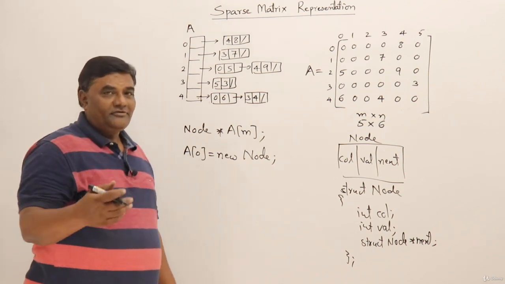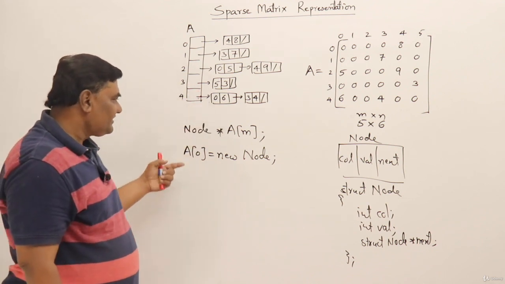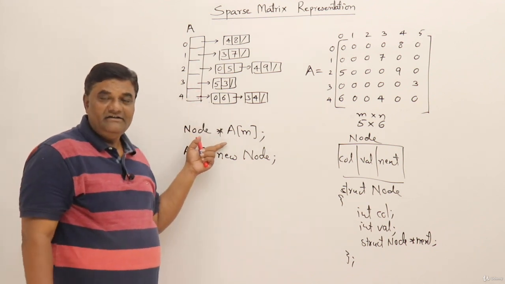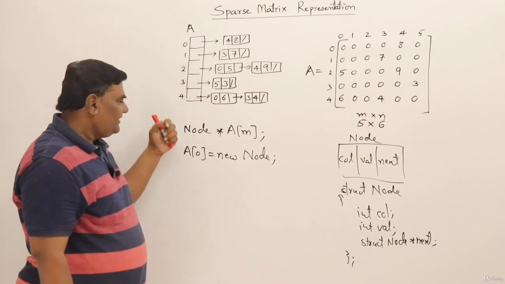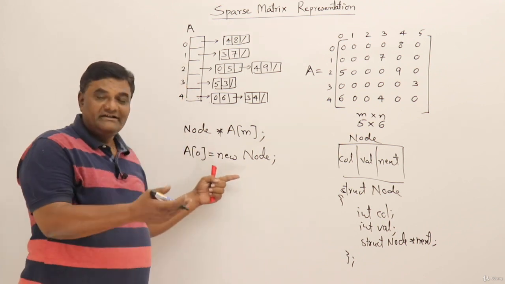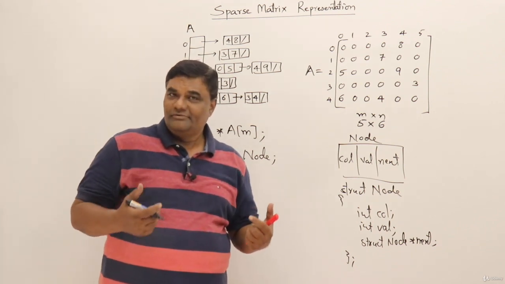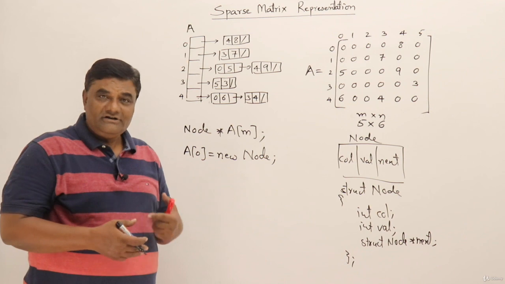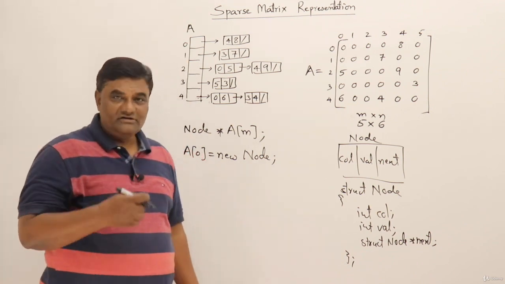You can write a program, a procedure for creating this type of structure. I have just given the idea here of how we have to create this. Create an array of pointers, then at each location create a linked list of non-zero elements. You can write a program that takes input from the keyboard, asking what the non-zero elements are. From the keyboard, you can take row number, column number and the non-zero element.